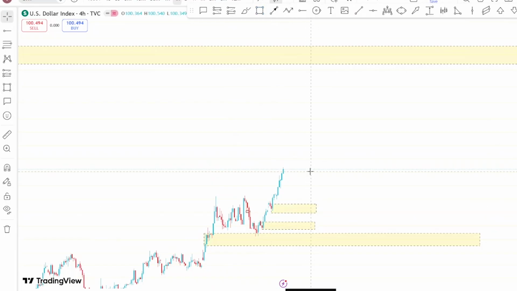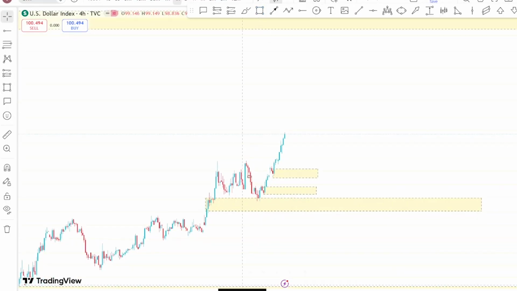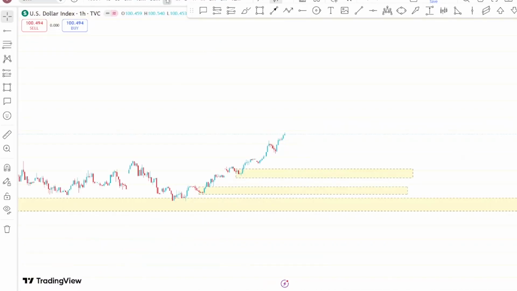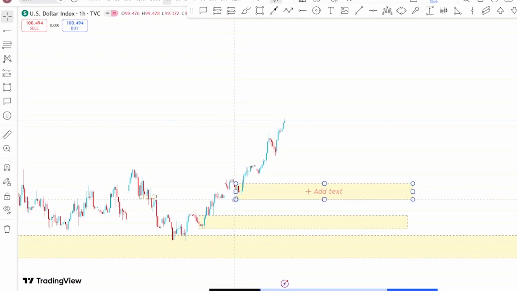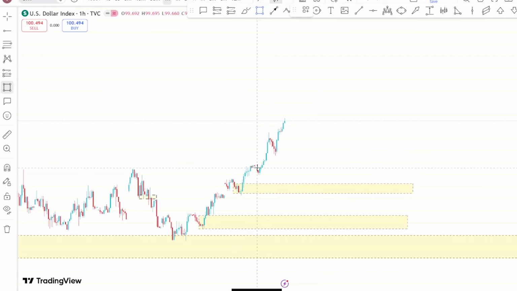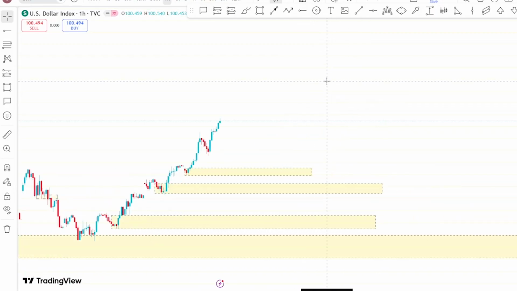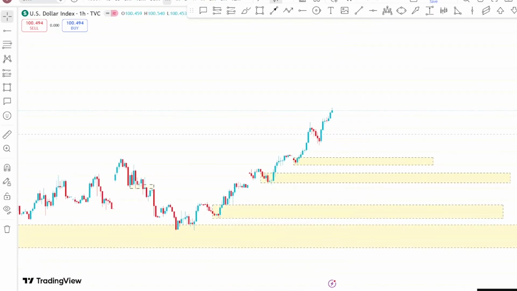We can make a reaction from this one so that we can continue taking buys from those areas. So let me check from 1 hour time frame. This area is one of the areas that we need to be looking at, and even this one. So I would like to see a deep pullback to around this area so that it can go back to the upside. So we are still buying from DXY.